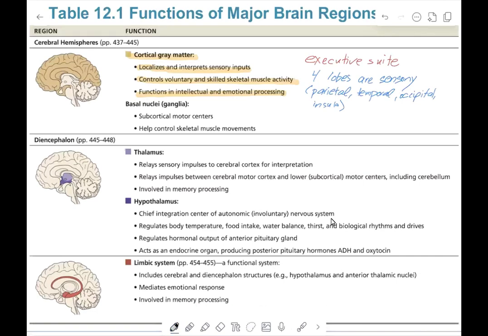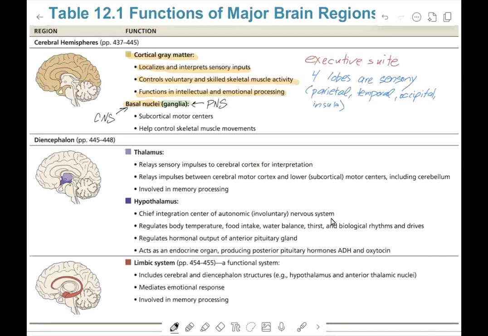The next section is the basal nuclei. And the basal nuclei is only in the central nervous system. You may see some anatomists that refer to the ganglia as in the central nervous system, but it's actually in the peripheral nervous system.